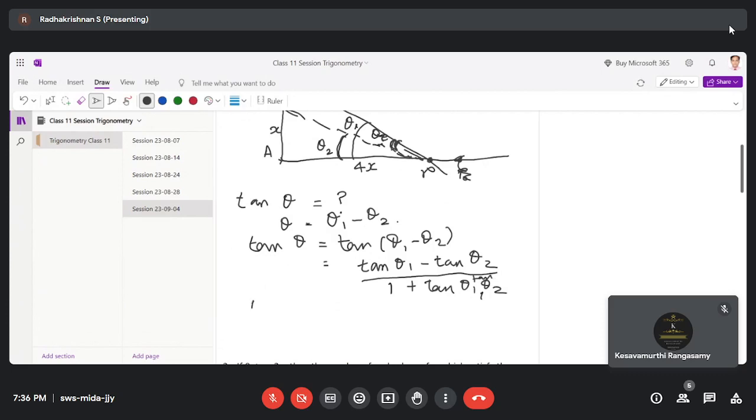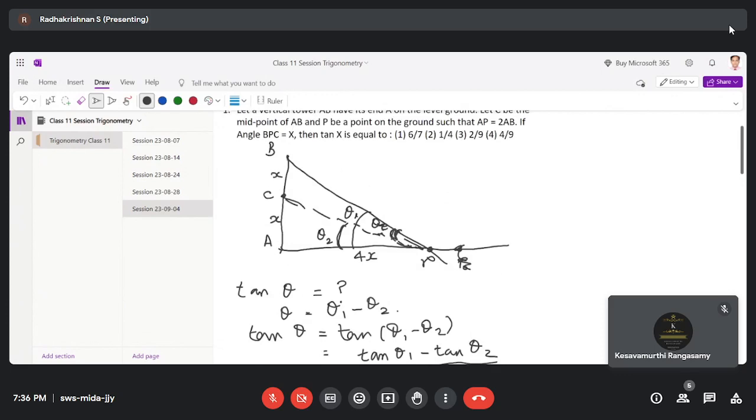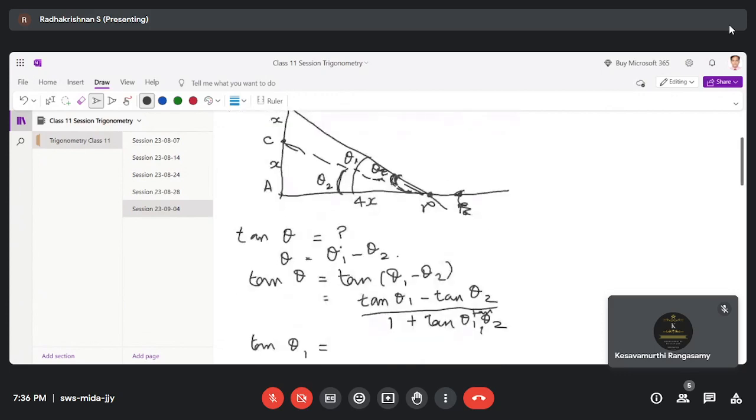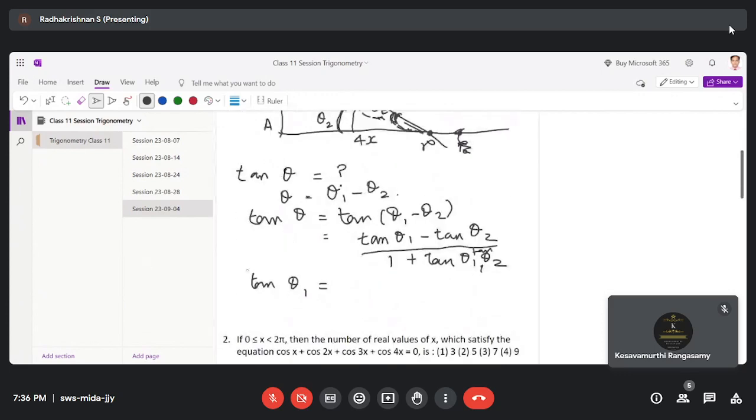Now what is tan theta 1 from the diagram? Theta 1 is this big angle. So the opposite side is 2x and the adjacent side is 4x. Half. And tan theta 2 is 1 by 4.